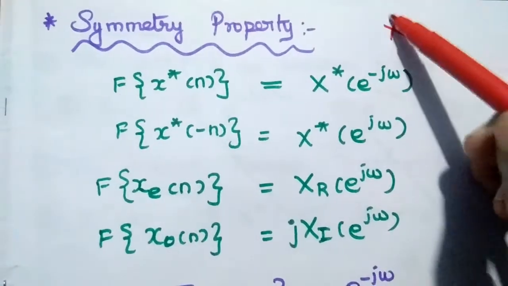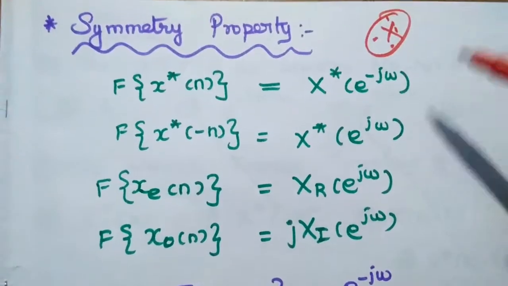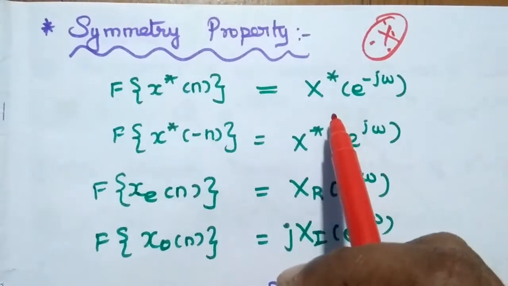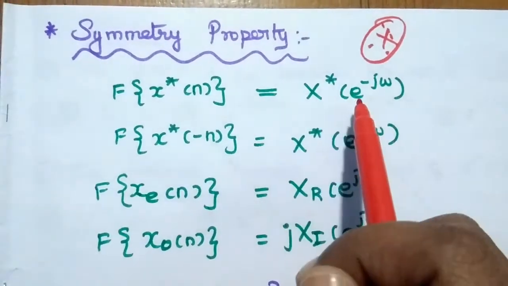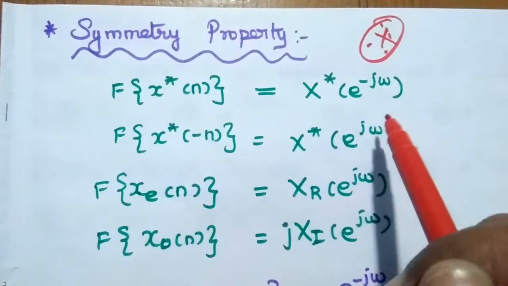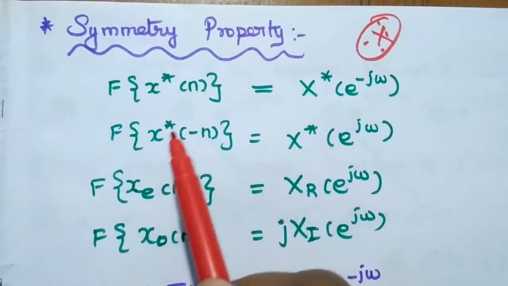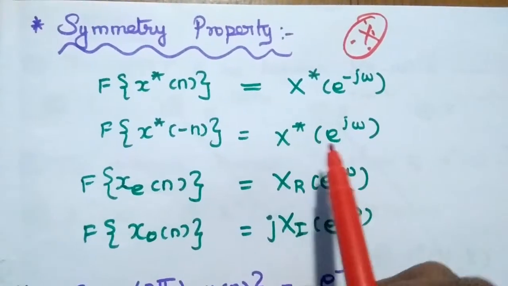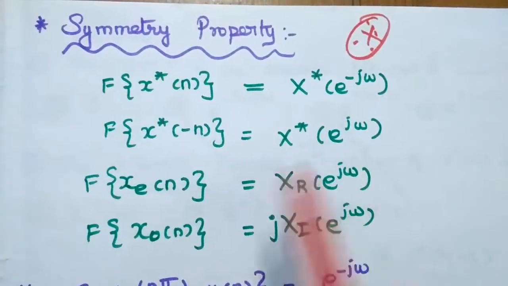This property is important, all four conditions. The Fourier transform of the conjugate of x of n is equal to X star of e power minus j omega. If x star of minus n, the reversed signal, then it is equal to X star of e power plus j omega.